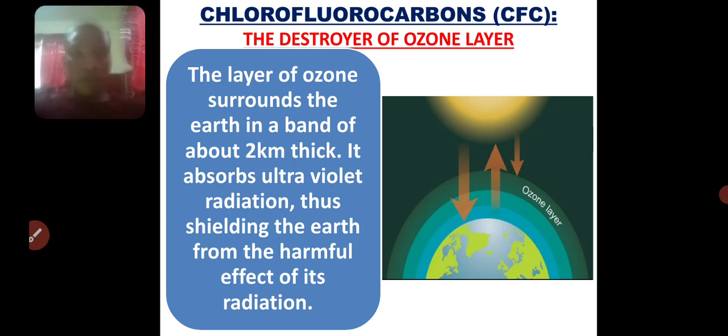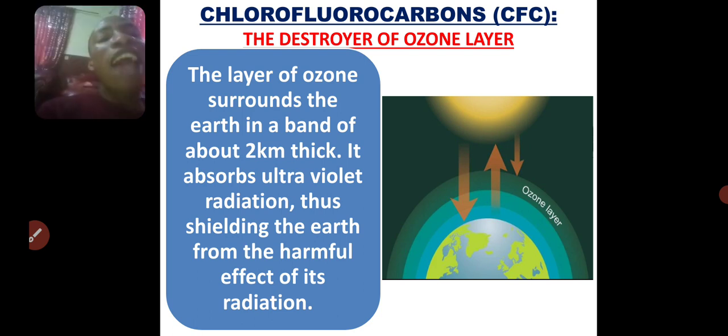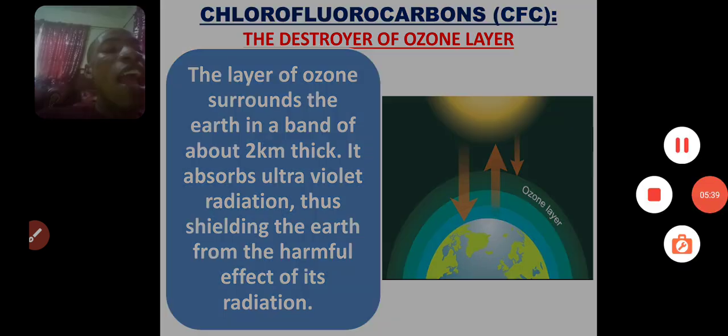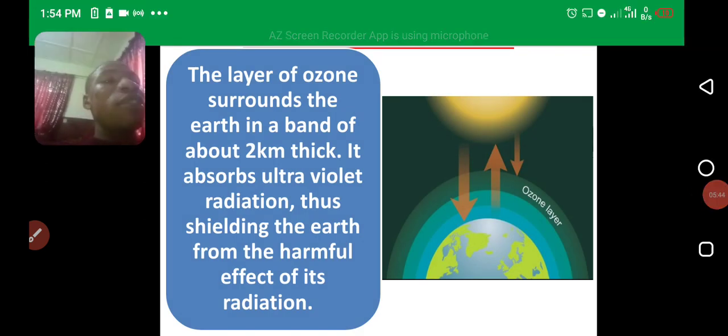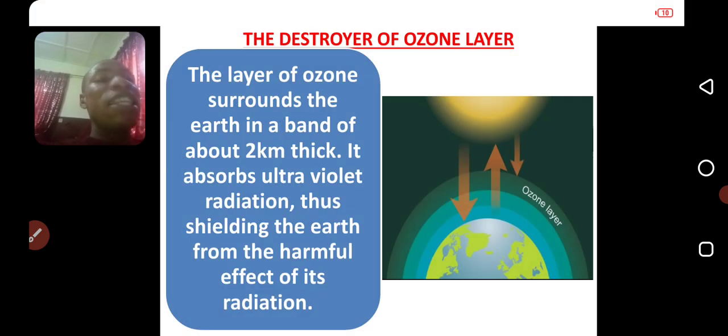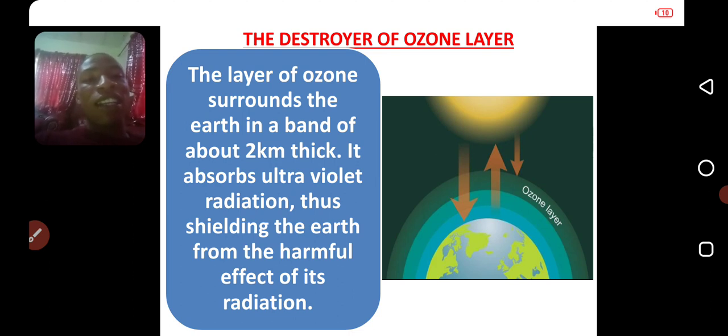Chlorofluorocarbon is one of the most common and most important air pollutants. Chlorofluorocarbon is a destroyer of the ozone layer. Our ozone layer is very thick. That layer contains ozone and is about 2 kilometers thick.